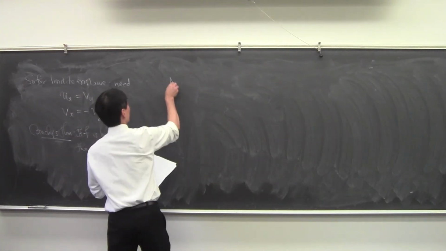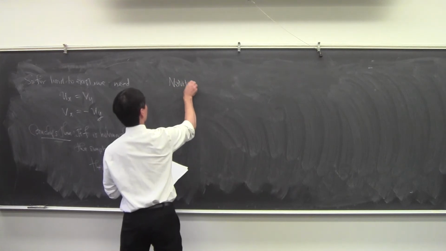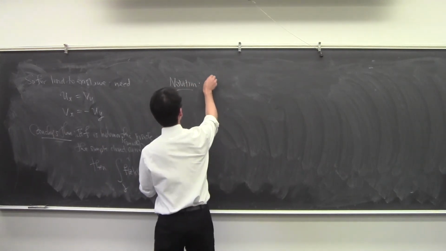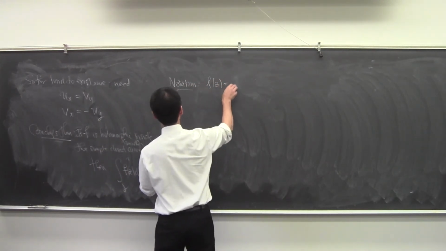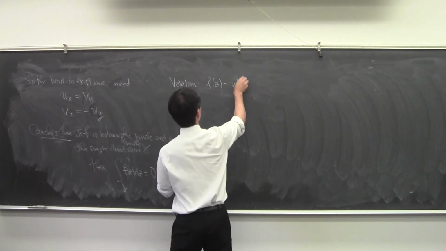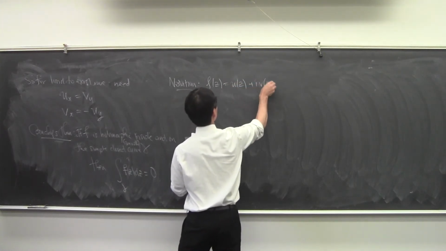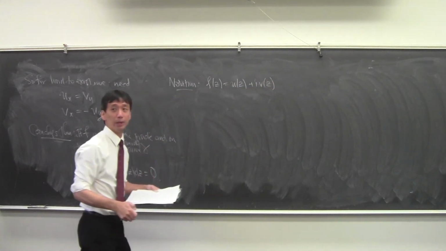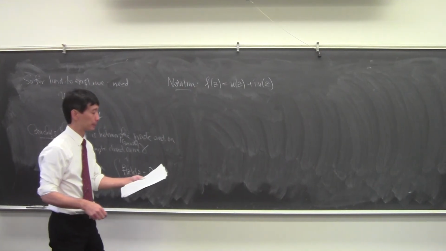Okay, just some notation. Let's say f of z is, again, u of z plus i v of z, the real and imaginary parts.